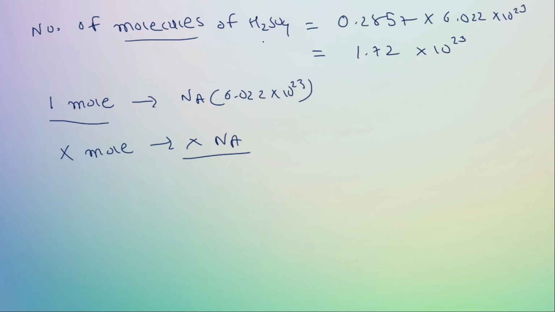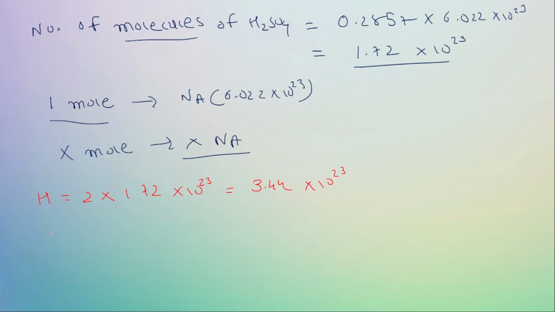Then we can find the number of atoms from this answer. How? For hydrogen, there are two hydrogens in one molecule. So in these 1.72 into 10 raised to 23 molecules, how many atoms of hydrogen? 2 into 1.72 into 10 raised to 23 will be equal to 3.44 into 10 raised to 23.